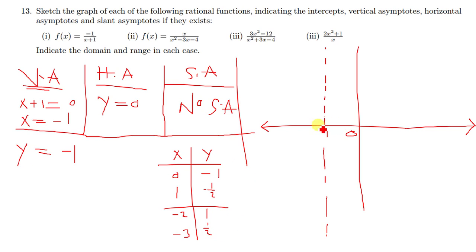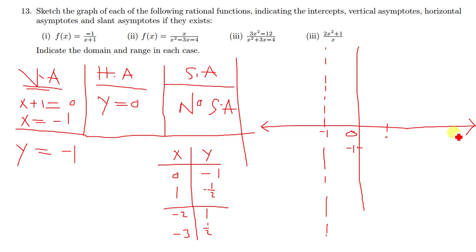We have 0, -1. The value of x is 0, so we have this point somewhere there. 0, -1, yes, this point. And then we have 1, -half, so a half of -1 there.